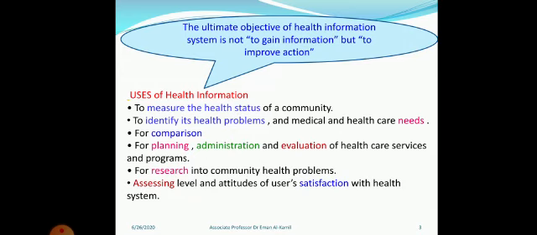So all these are performed by different research in the community to know what the risk factors and the health problems are, in order to modify these risk factors and prevent health problems.